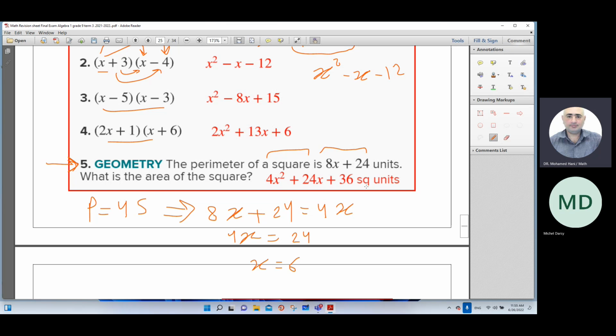So the area of this square, as you see here, we can multiply the side by the side, s squared or s times s.